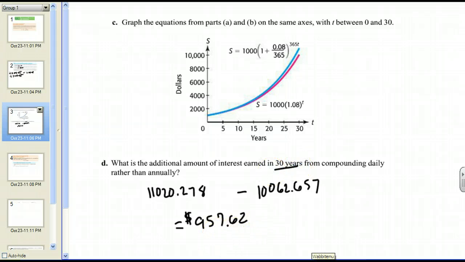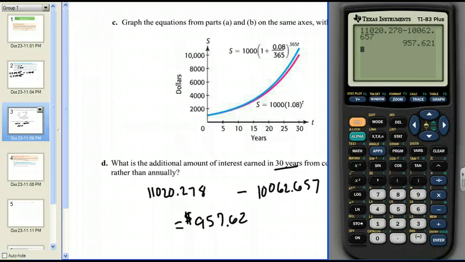Now, another way you could do this rather quickly on your calculator, rather than doing it the way we did it, if you press the vars button and go over here to y vars like you do when we did the regression in the last section, and then y2 is where we have this function. So go to y2 and press parentheses 30, meaning we're putting 30 into the y2 function, and subtract.